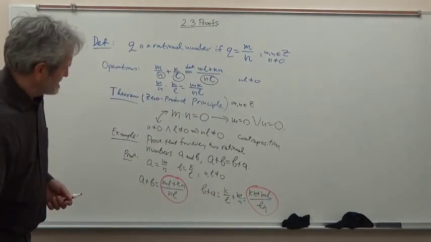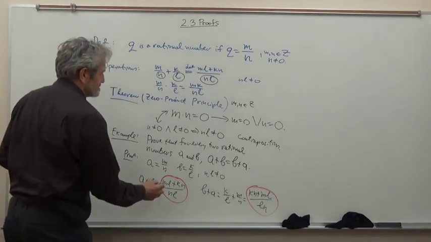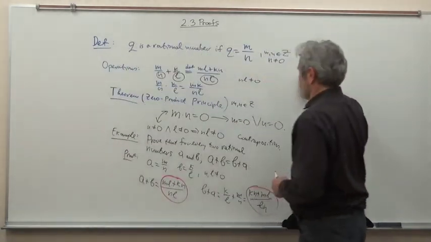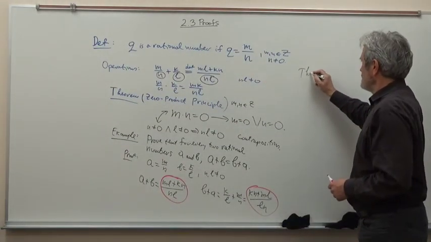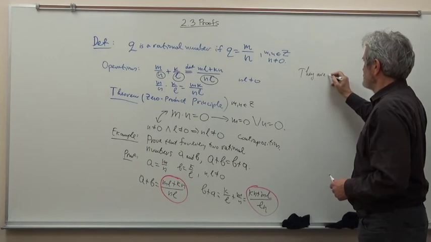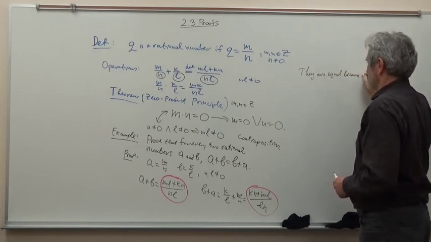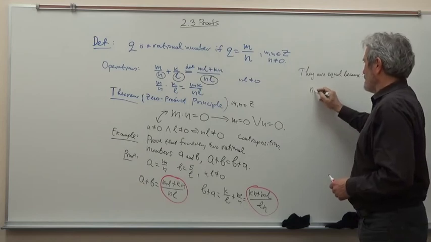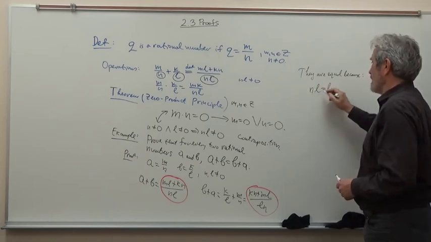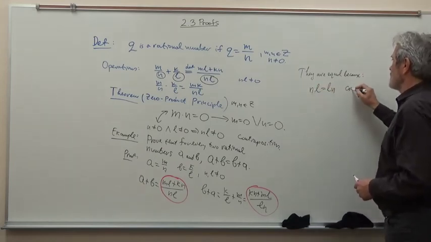And the answer is yes, they are equal. Let's squeeze in here the last sentence. They are equal because nl equals ln. Why is that? Because this is the commutative law for integers.